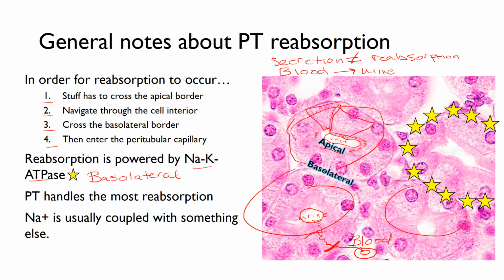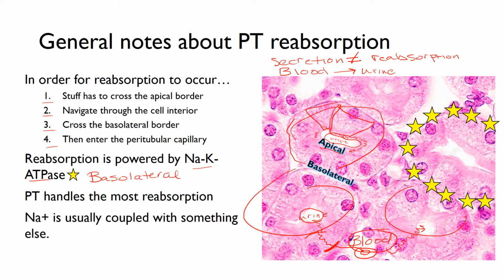So let's look at what that might look like in one of these cross sections. Let's go down here to this one. We haven't drawn on this one yet. So if you have something in the blood, so blood vessels over here, and something's going to get secreted, that means it's going to leave the body, right? That's what secretion means. Secretion means it's got to cross the basolateral membrane, cross the intracellular compartment, cross the apical membrane, and then dump into the lumen of the nephron.